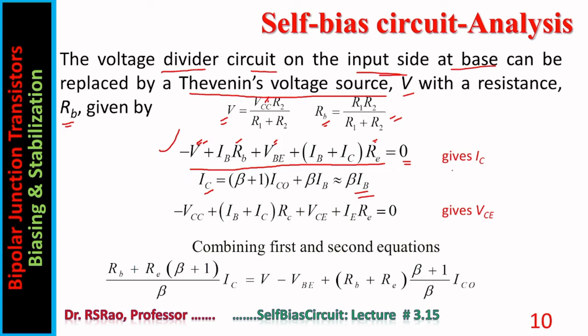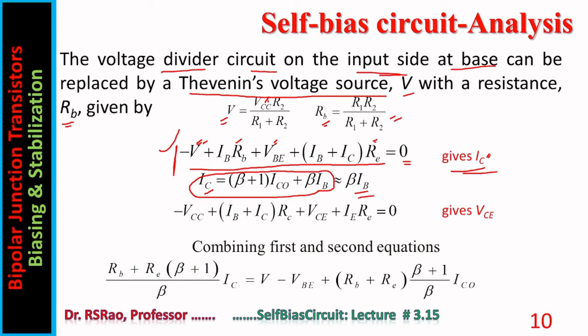The solution gives us IC, collector current. If IC naught is available, then one can use the complete exact relation for collector current. So the first two equations together are able to provide us the collector current.